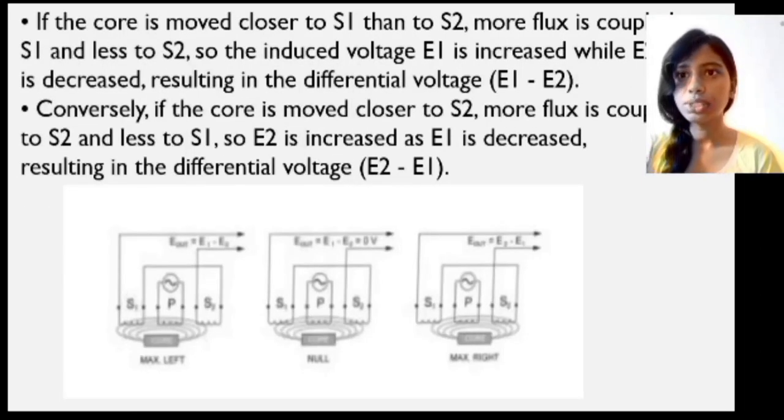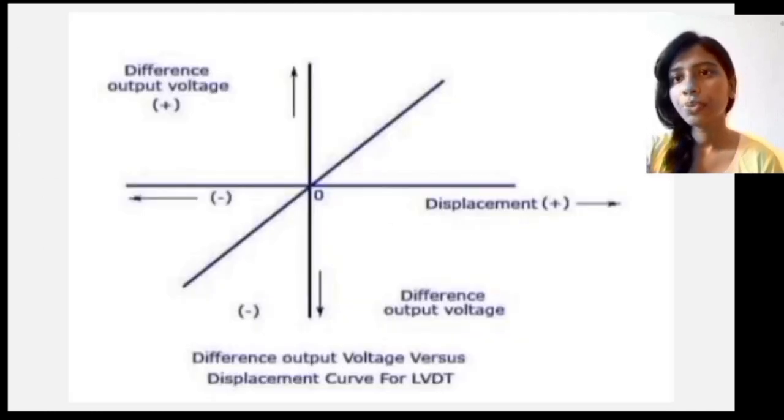If the core is moved closer to S1 than S2, more flux is coupled to S1 and less to S2, so the induced voltage E1 is increased while E2 is decreased, resulting in the differential voltage E1 minus E2. And if the core is moved closer to S2, more flux is coupled to S2 and less to S1, so E2 is increased as E1 is decreased, resulting in the voltage E2 minus E1.